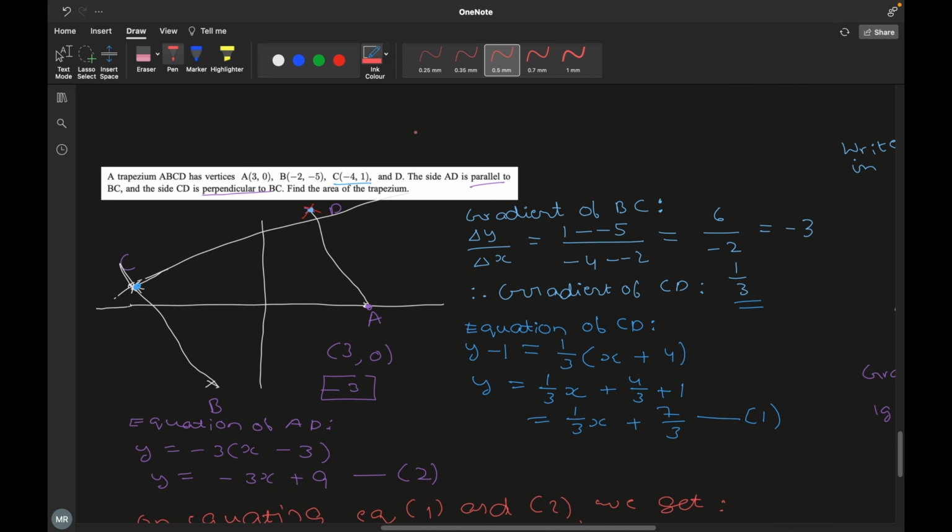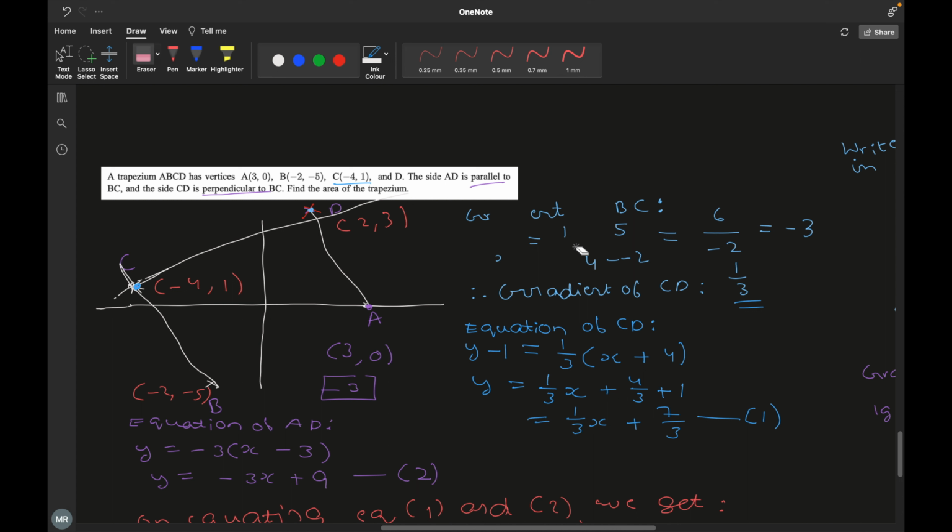So now we have D, which is 2 comma 3. A is 3 comma 0. B is negative 2 comma negative 5. And C would be negative 4 comma 1. Now that we know the coordinates of the point D, let's find the area of the trapezium.